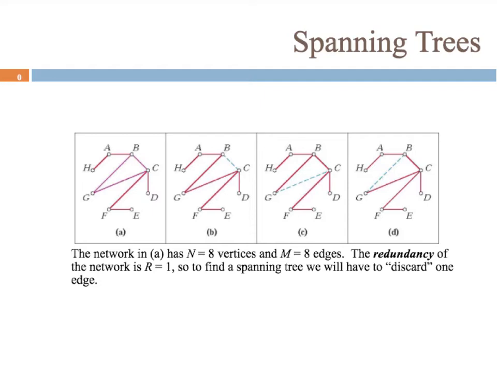The redundancy of the network is r equals 1, and remember that's from r equals m minus (n minus 1). So we have 8 edges and 8 vertices, that's 8 minus 7, which is just 1. So to find a spanning tree, we will have to discard one of the edges.